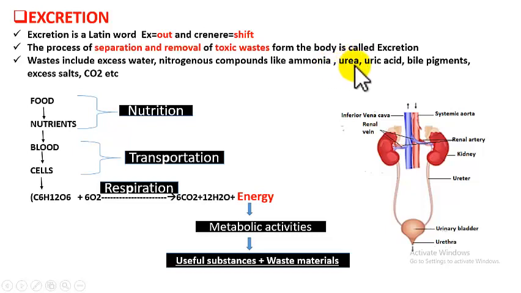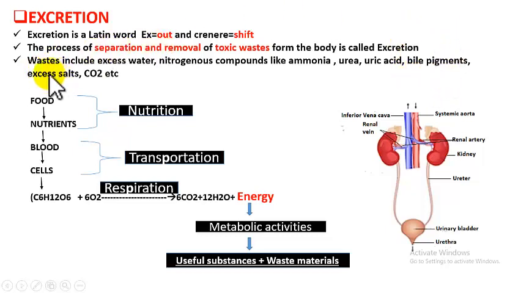When there are excess proteins, they are broken down to amino acids, and those amino acids are then broken down to products like ammonia, urea, uric acid. Then the bile pigments. Bile pigments are the catabolic products of RBC. When the old RBC are broken down, the waste materials produced are bile pigments.